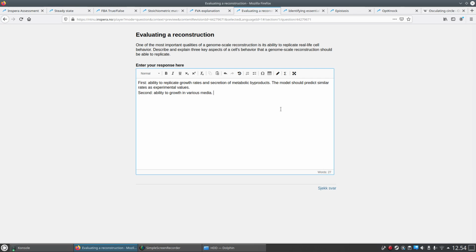Essentially, in a model we can simulate a certain environment in a nutrient media by adjusting the uptake fluxes, or the bounds on the uptake fluxes in the model. And if we say that this organism in our model can grow anaerobically on lactate but not on succinate, this should also be reflected experimentally.